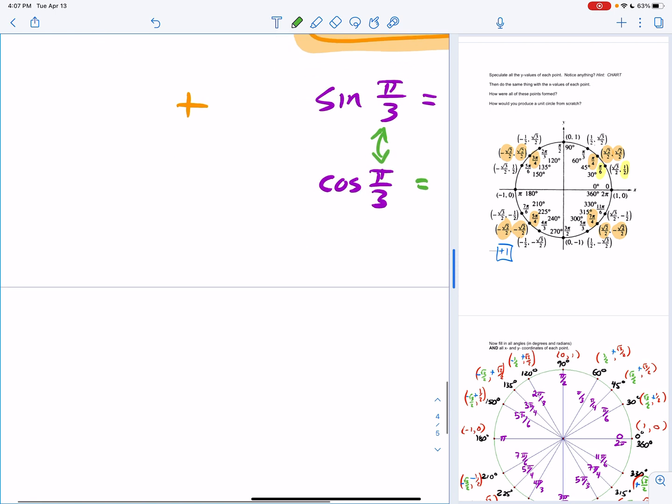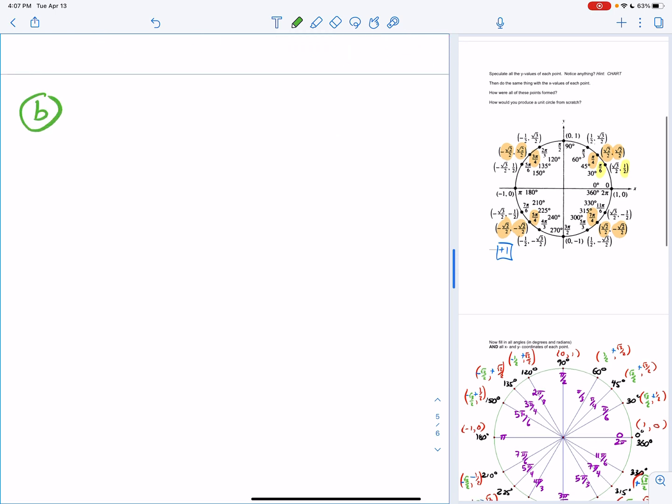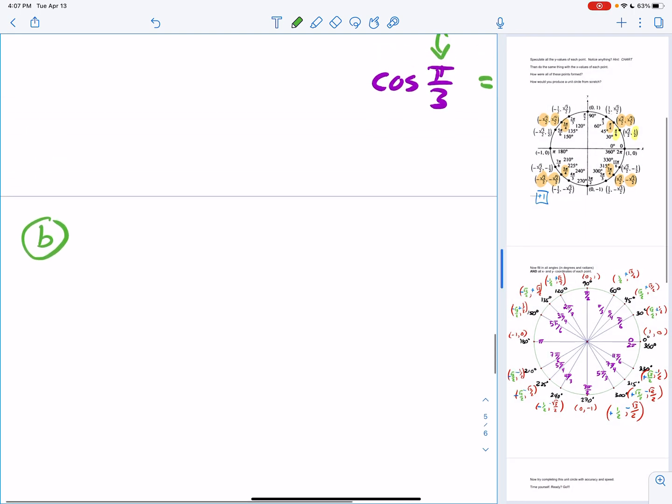So let me practice a little bit with you here. So here's part B. I'm going to go ahead and ask you, what is the cosine of 11 pi over 6? I'm going to verbalize what I'm thinking in my head.